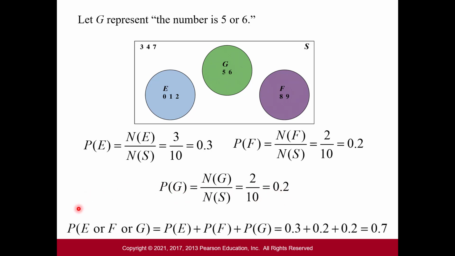If we wanted to calculate the probability of event E or F or G, we can use our addition rule and add up the individual probabilities, 0.3, 0.2, and 0.2, for a total of 0.7. This is basically saying 70% of our outcomes will have either 0, 1, or 2, 5 or 6, or 8 or 9 in them.